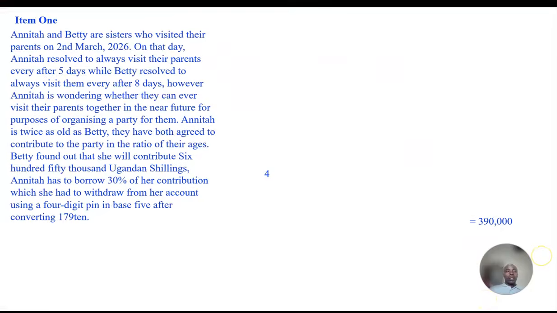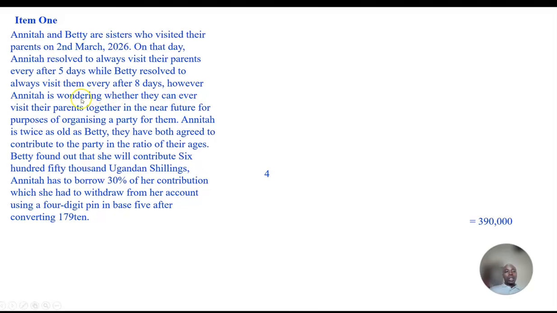Item 1. Anita and Betty are sisters who visited their parents on 2nd March 2026. On that day, Anita resolved to always visit their parents every after 5 days, while Betty resolved to always visit them every after 8 days.